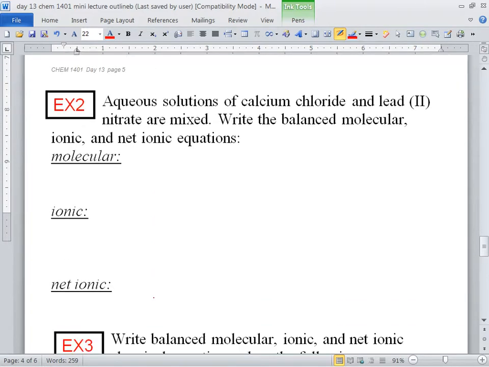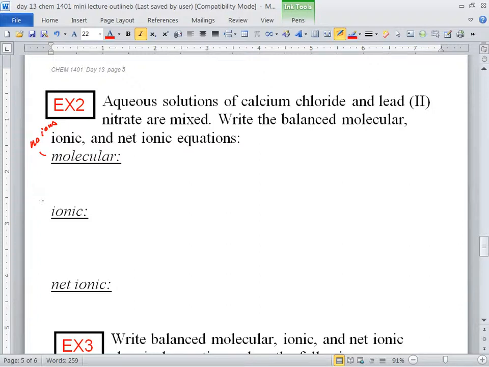Okay. So I went through that stuff a little bit quickly because this is the meat. This is what everything comes down to, writing molecular, ionic and net ionic equations. So let me run through this first one for you. Molecular just means no ions. Just don't write any ions, right? Write all the compounds and make sure it's balanced.